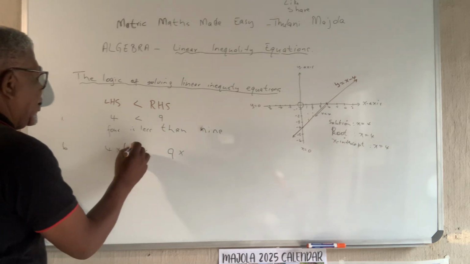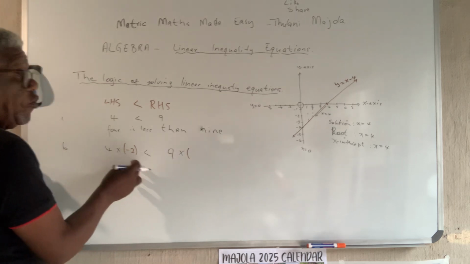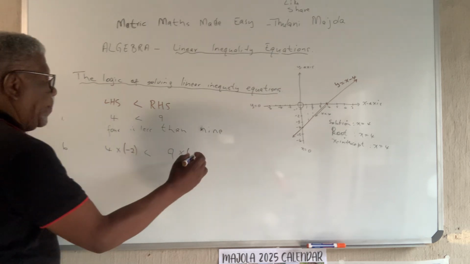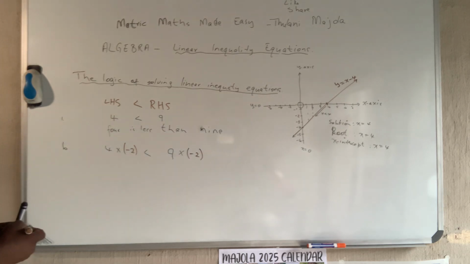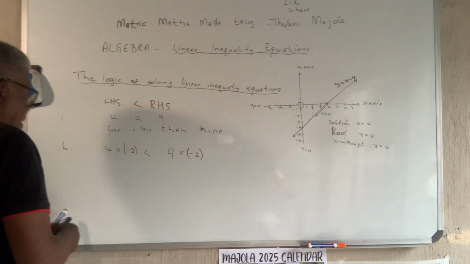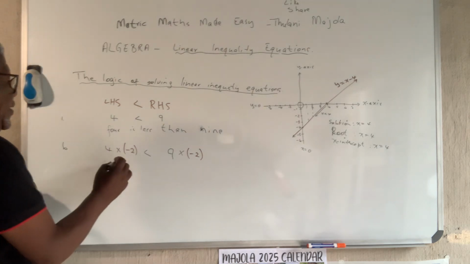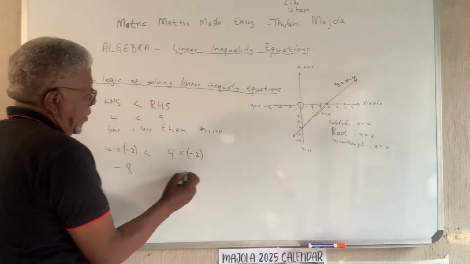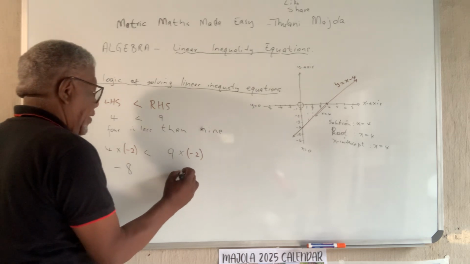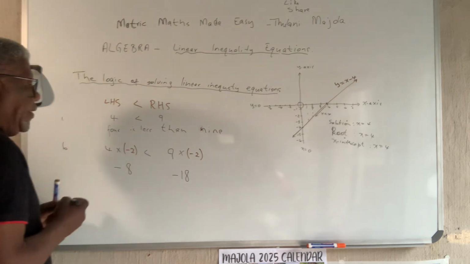We have to put this one in brackets so they don't get confused with subtracting. The brackets mean you are multiplying by. So now 4 times negative 2 is negative 8, and 9 times negative 2 is negative 18.